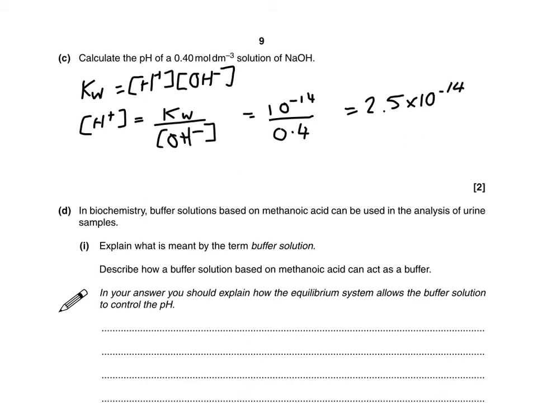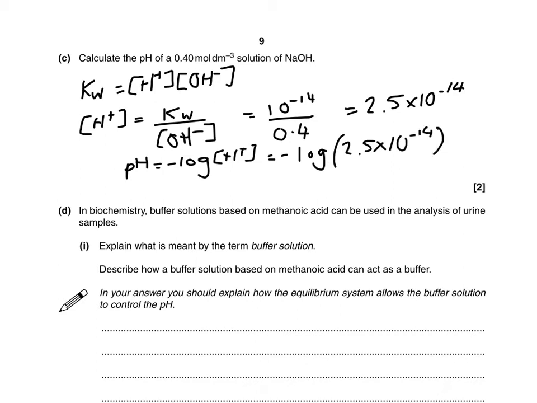That's our concentration of hydrogen ions, so pH is minus log concentration of hydrogen ions, which is minus log, which should give you 13.6.